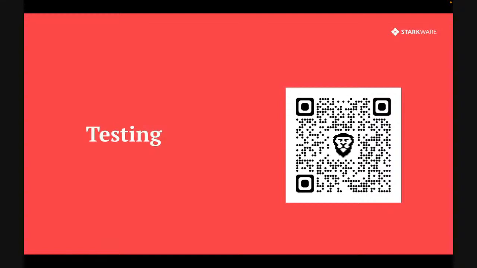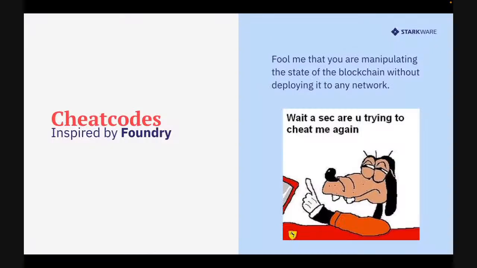It's very useful, at least for me, to see other repos that show best practices and nice code that I can apply on my own smart contract. So feel free to look at it, give it a star, clone it and use it however you want. Okay, so let's go to the cheat codes part by Protostar.